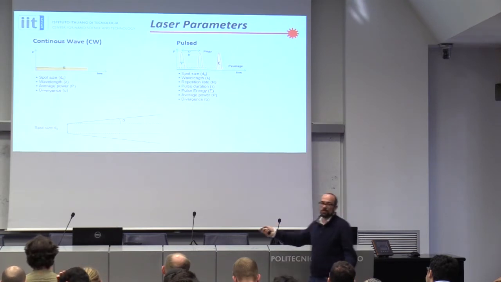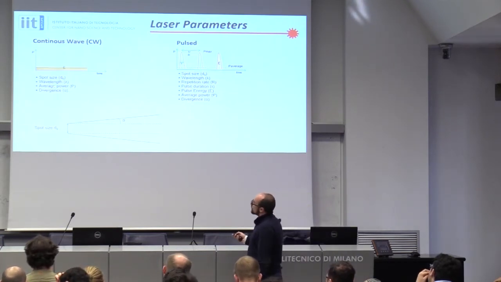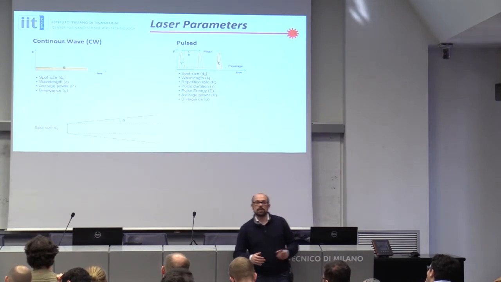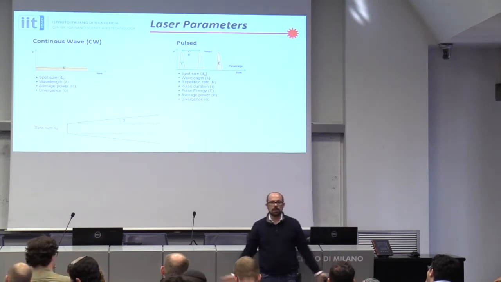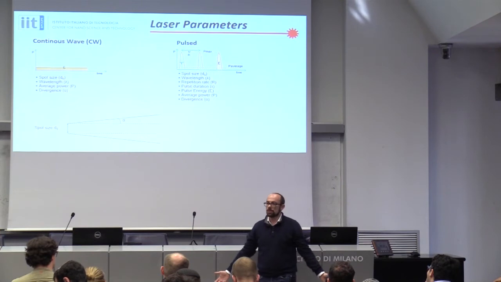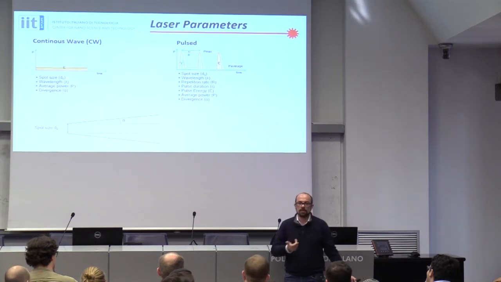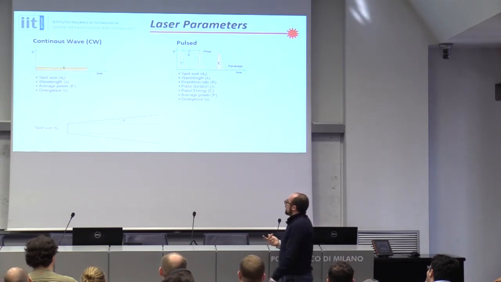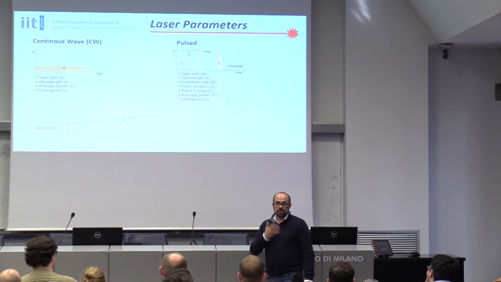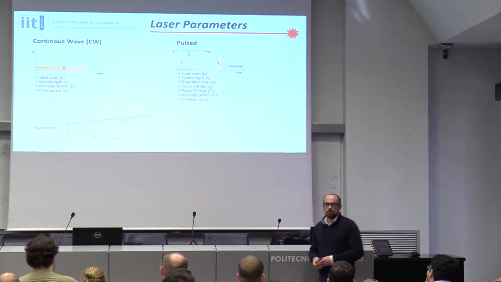This is obvious. But also the spot size. You can guess that if I have a spot size like this, not all of it will go into my eyes, for example, because my head, my iris, and everything else is actually going to be a mask for that. So spot size is also important.